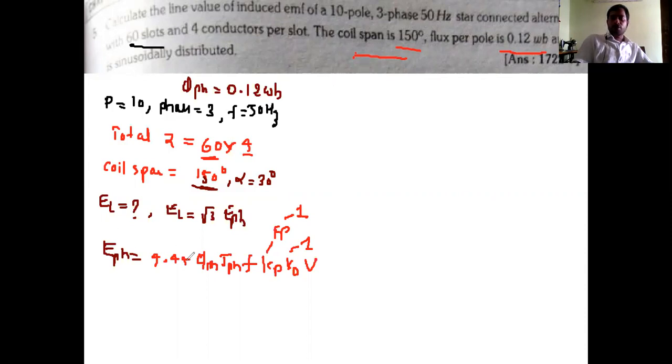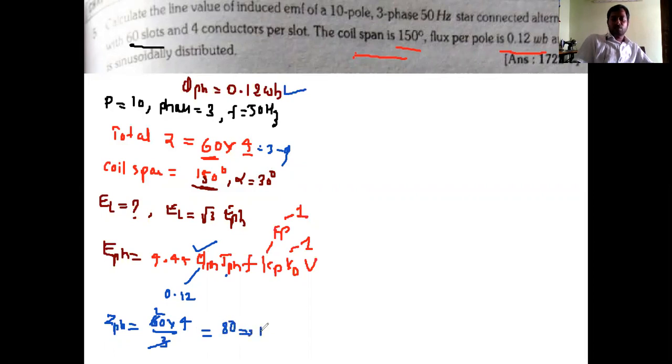The flux he gave directly, 0.12. Turns per phase we need to find. Total number of conductors Z per phase, for three phase, is 60 into 4 by 3, which is 80 conductors.